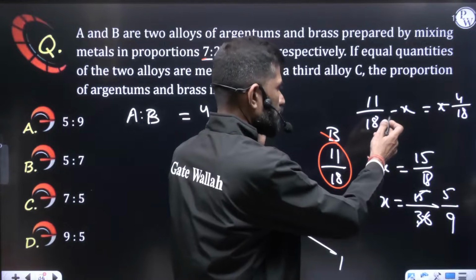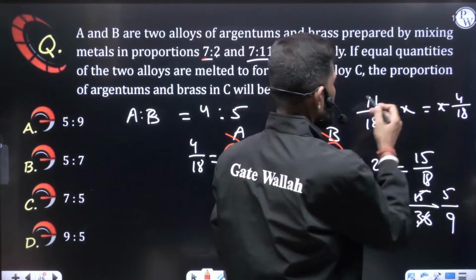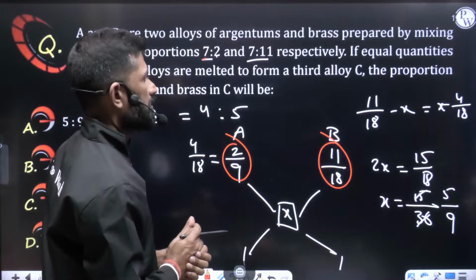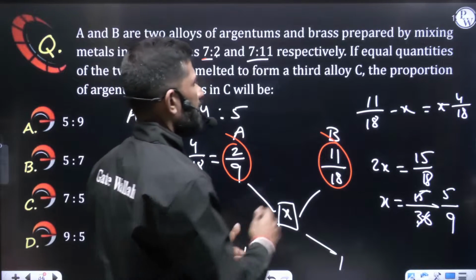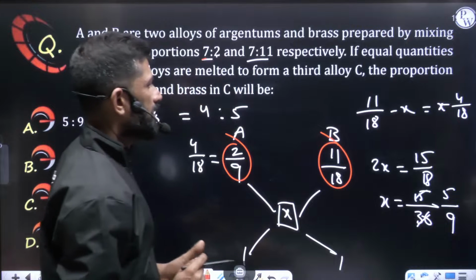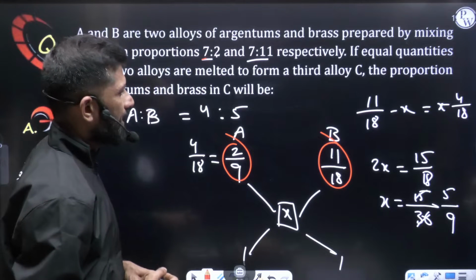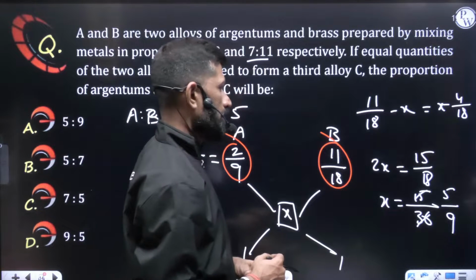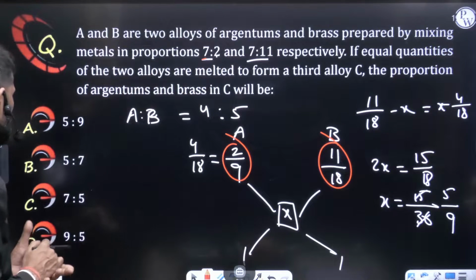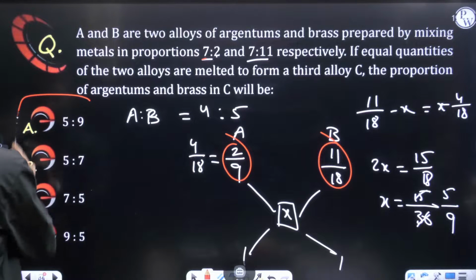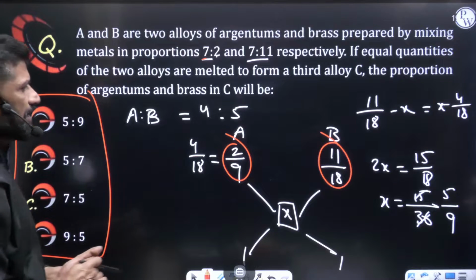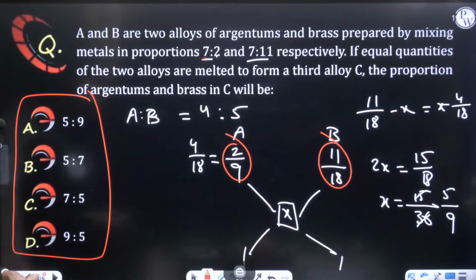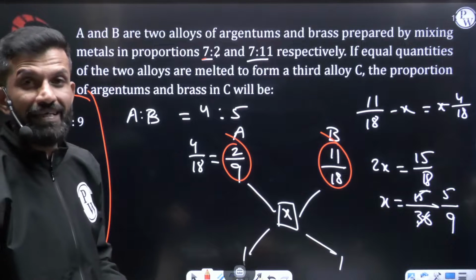Solving this, 11 plus 4 is 15/18, and x going that side becomes plus x, that is 2x. So 15/18, 18 2s are 36, so 5/9. Yes, we are getting argentum and brass in the ratio of 4:5. There must be an entering mistake in the options. So the argentum and brass should be in the ratio of 4:5 in alloy C.